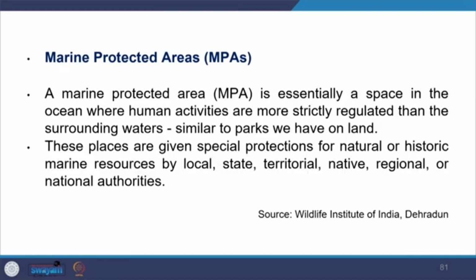As per the Wildlife Institute of India, Dehradun, a marine protected area is essentially a space in the ocean where human activities are more strictly regulated. So there's a very protected area. We cannot really do everything there; there are restrictions on what can be done in these areas.